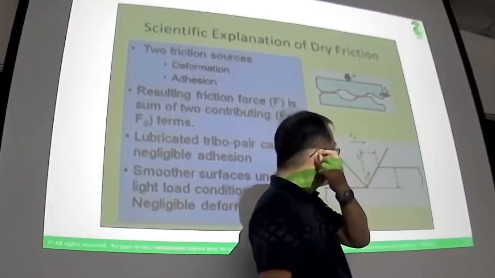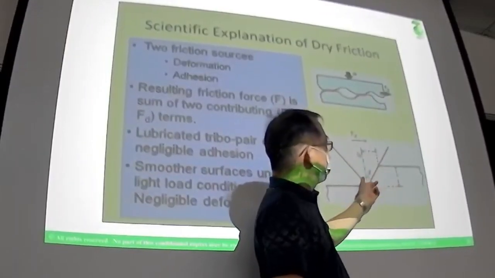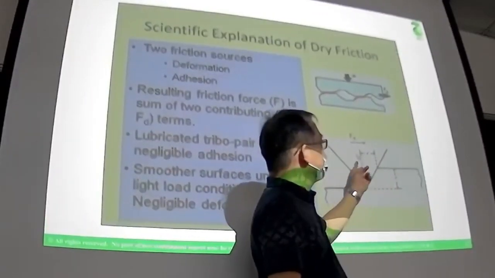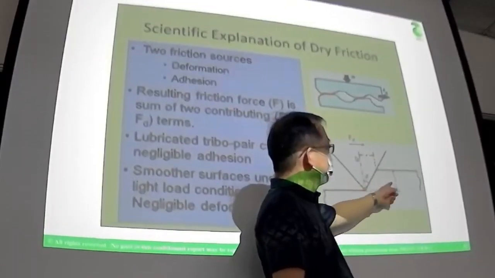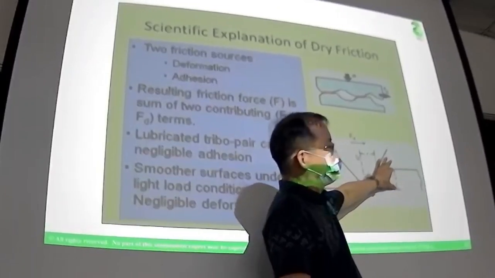Okay. So this is the conical angle for the fallacy. This is the contacting radius at the height of h.